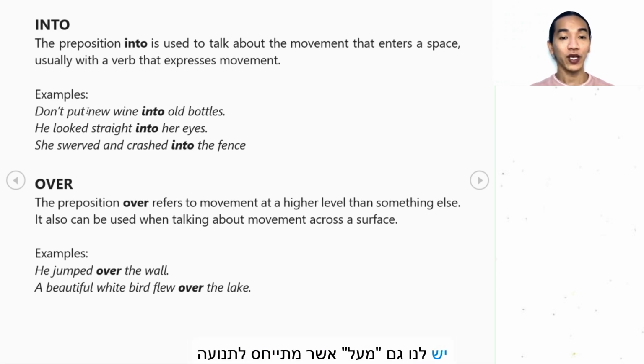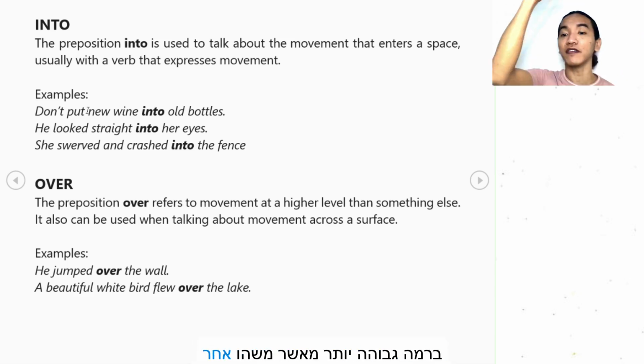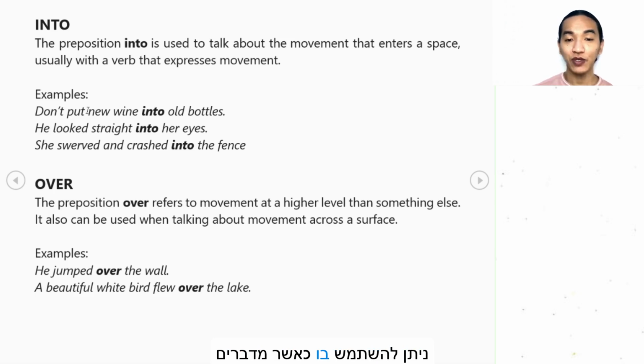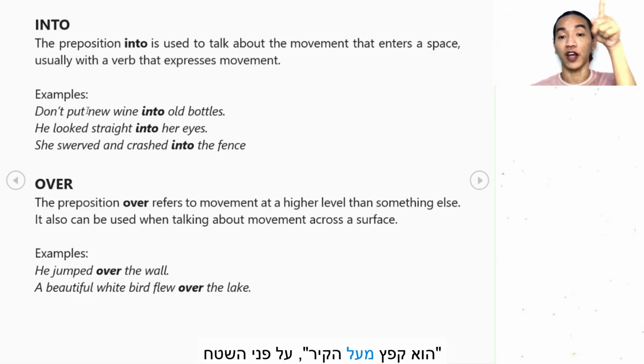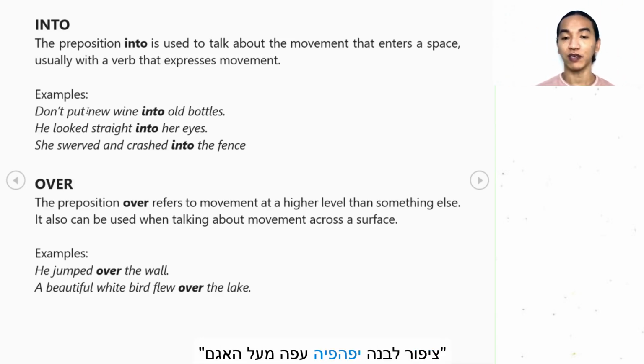We also have "over", which refers to movement on a higher level than something else. It can be used when talking about movement across a surface. He jumped over the wall, across the surface. A beautiful white bird flew over the lake.